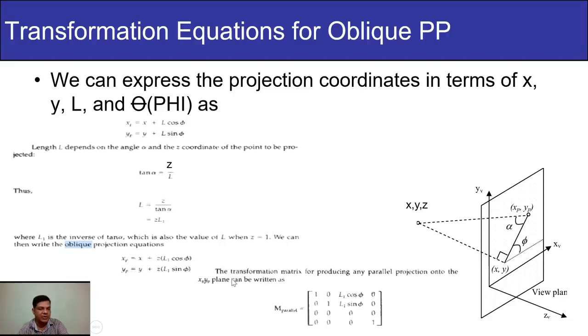From this we can conclude the transformation matrix of oblique parallel projection as 1 0 L1 cos phi 0, 0 1 L1 sin phi 0, 0 0 0 0, 0 0 0 1. So this is the transformation matrix for oblique parallel projection.